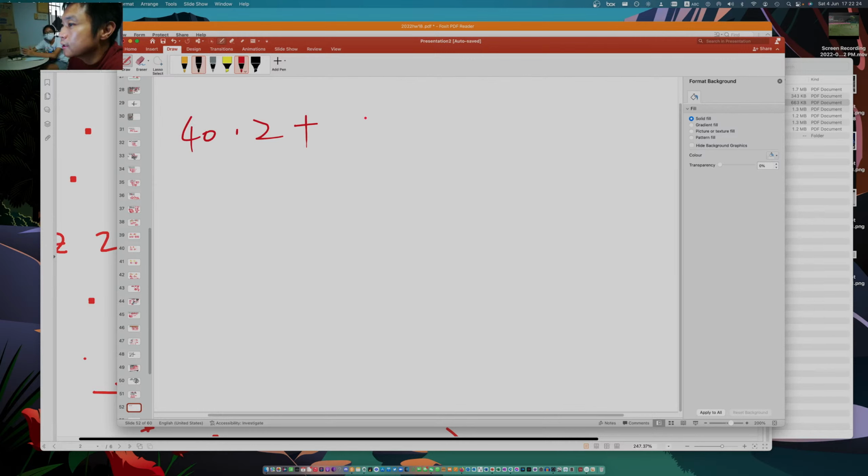Let me just give you a simple example. Must have common factor actually. For this question, it's very hard to see. But actually, you can look at this as this.